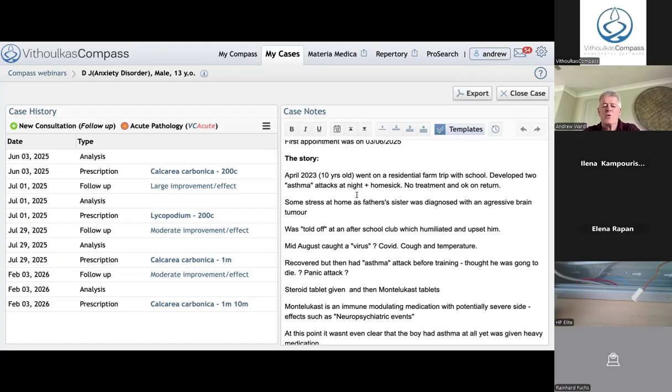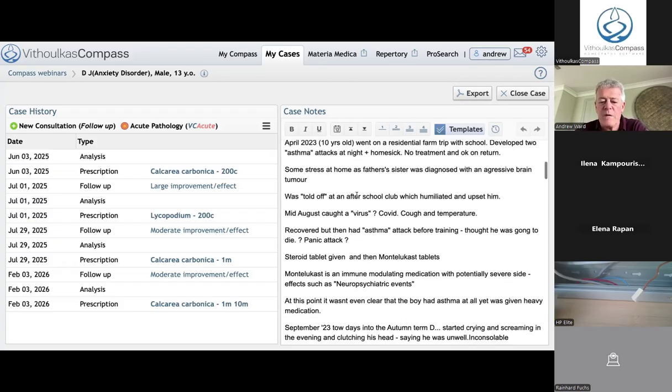And then in mid-August, he caught a virus. They said he's got a virus, question mark COVID. Anyway, some kind of respiratory virus with cough and a temperature. He recovered, but then he had another so-called asthma attack before he was training for football, I think.